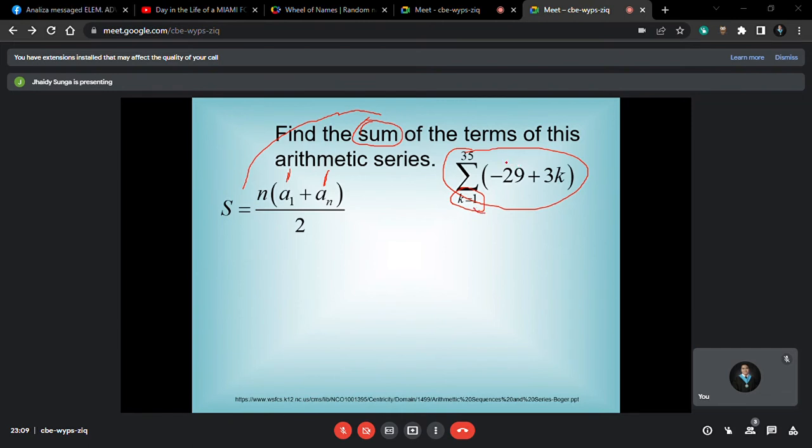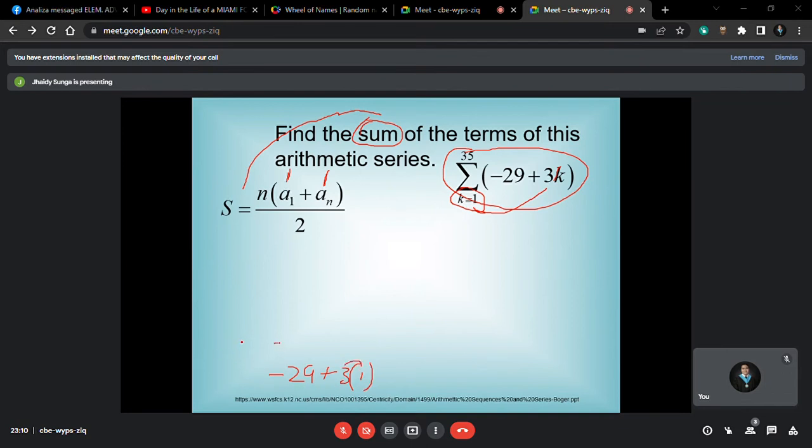We then substitute the value of k to the k inside the term. If we substitute that, we have negative 29 plus 3 times, what's the value of k? It is 1, of course. So if we multiply 3 by 1, it will be 3.